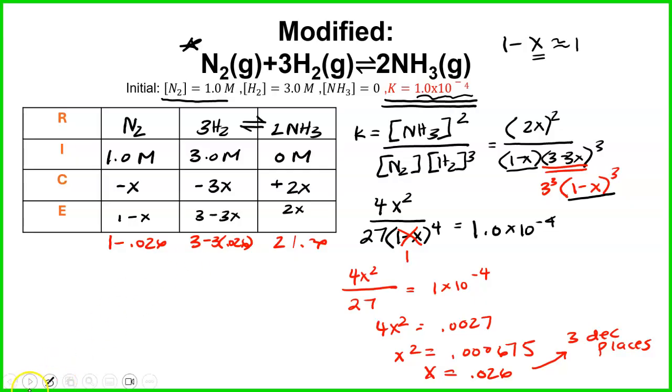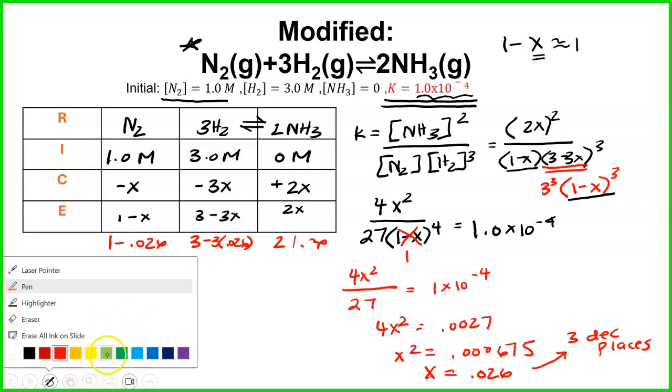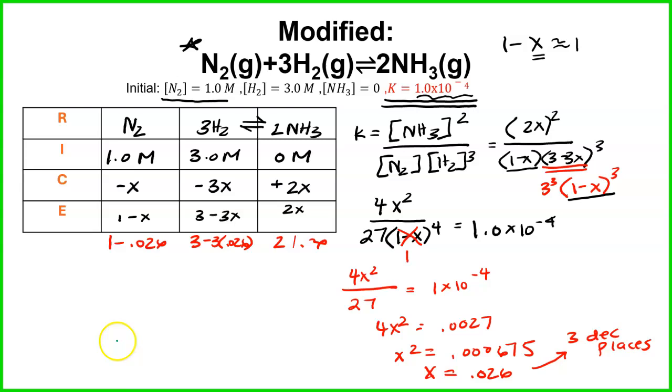These are not going to have much change, because the K is so small, that means that there wasn't much change at all. So 0.974 for nitrogen's equilibrium, 2.922 for hydrogen, and 0.052 for the ammonia.